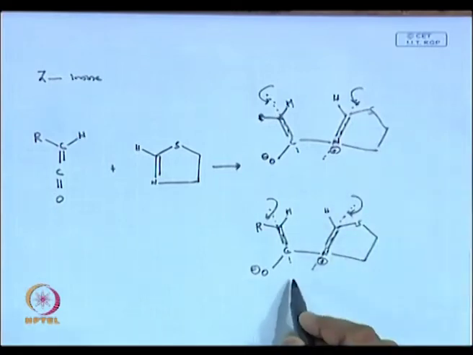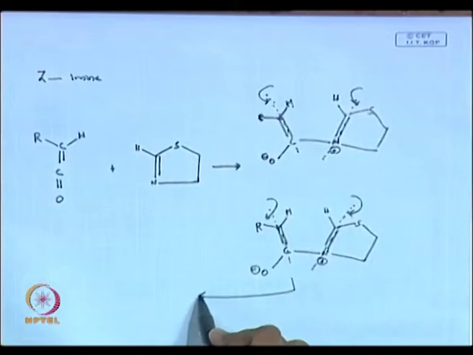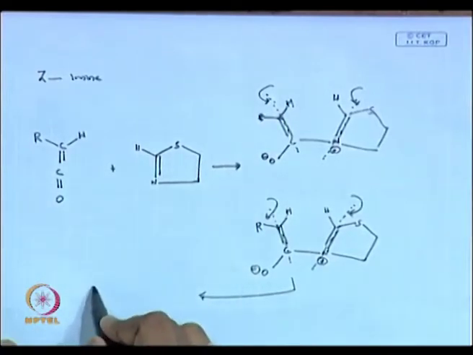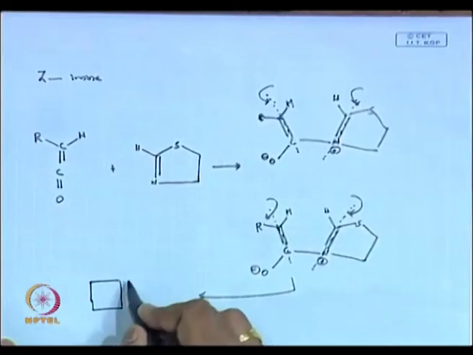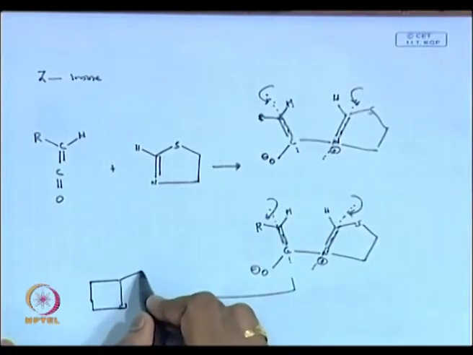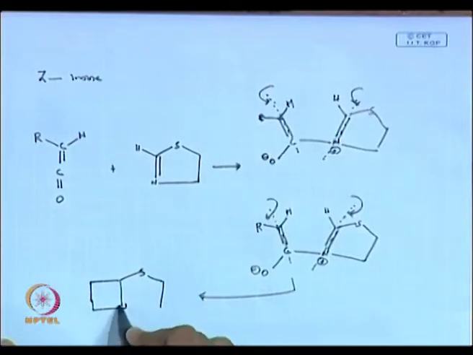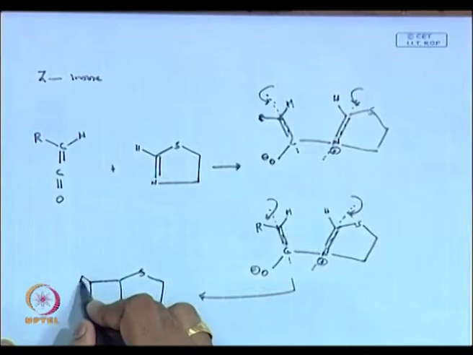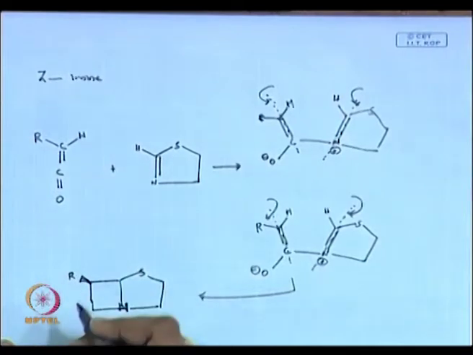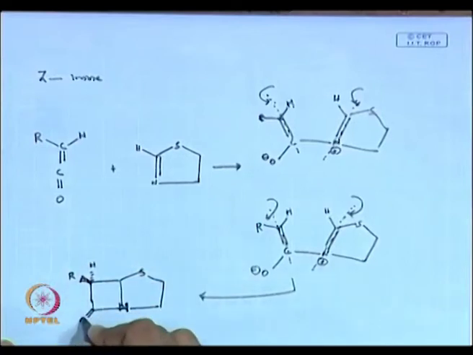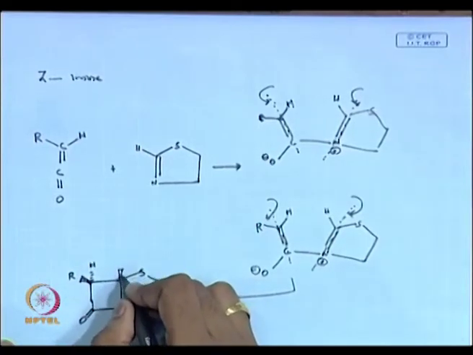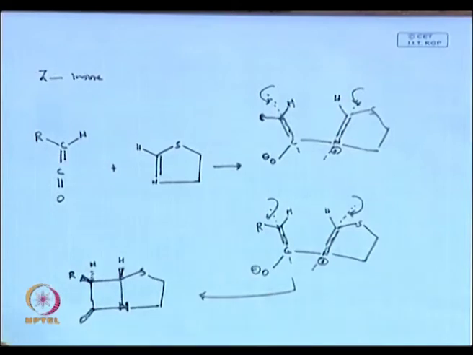If you go counterclockwise, in this case your product will have nitrogen, and you have your R, hydrogen with the carbonyl. If you rotate this, it should be the other way around.